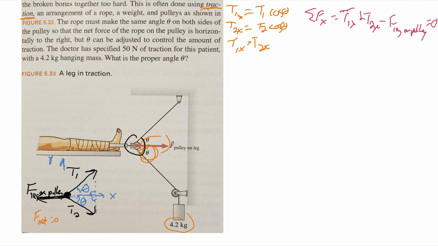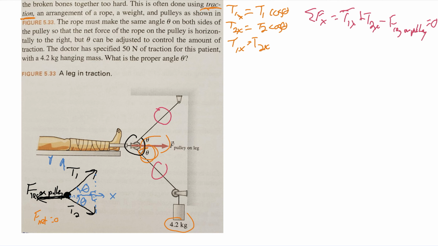That means you only have one variable. Then the other thing is, we also know that the tension here is equal to the tension here. So T1 equals T2. They're both the same thing because as we roll over the pulley, we don't change anything.